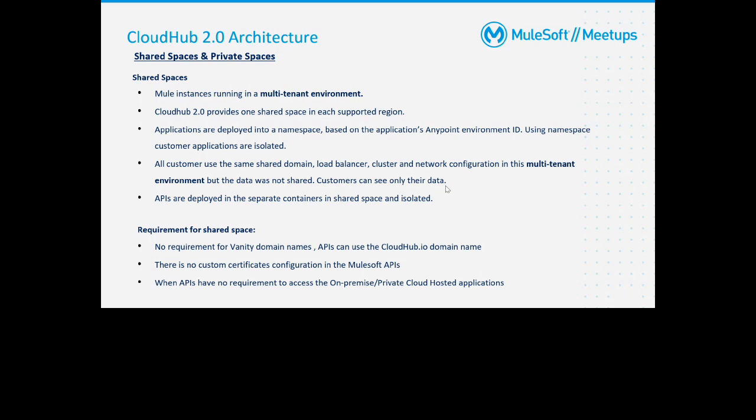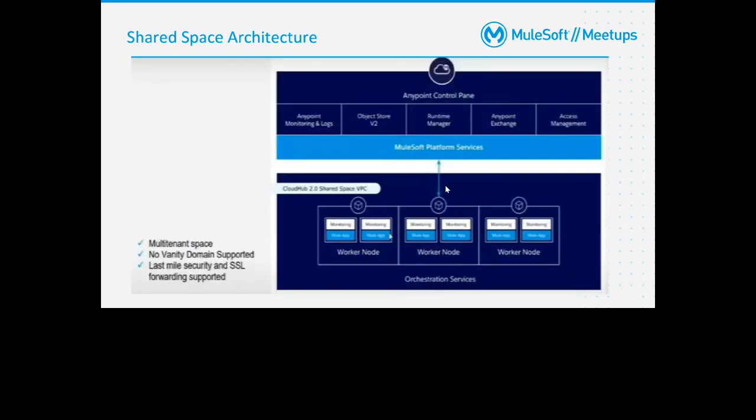Okay, so it's just a small architecture diagram. Above we have the Anypoint control plane, which has the platform services, that is monitoring, Object Store v2, runtime, Anypoint Exchange, and access management. And below we have one shared space. You see in this shared space, the orchestration services are the same for all these worker nodes.